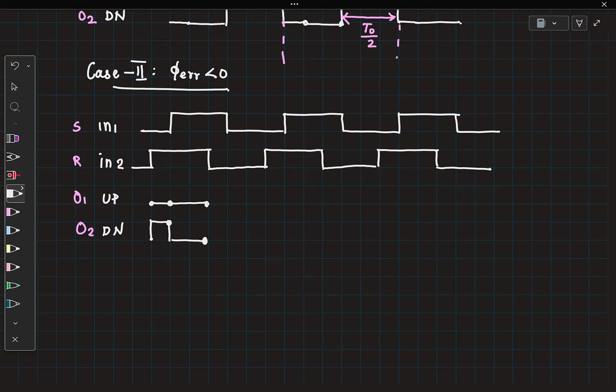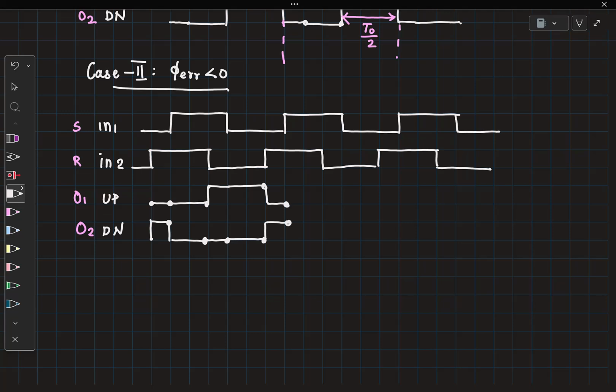Then you have set equal to 1 and reset is 0, which means up goes 1 and down becomes 0. And then you are in the hold state, both S and R are 0, so we keep holding the value till this point. After this, reset is 1, set is 0, so down goes high, up comes low.